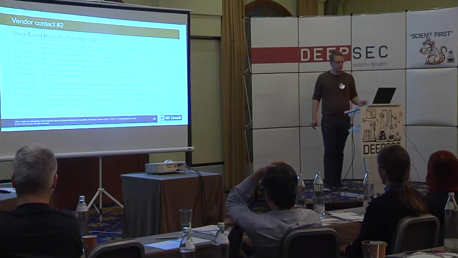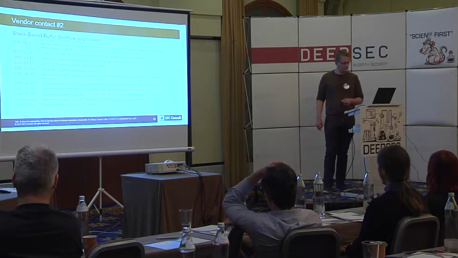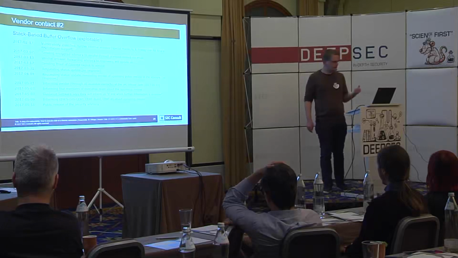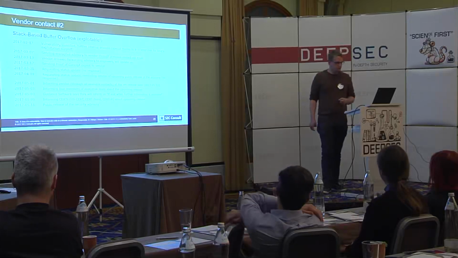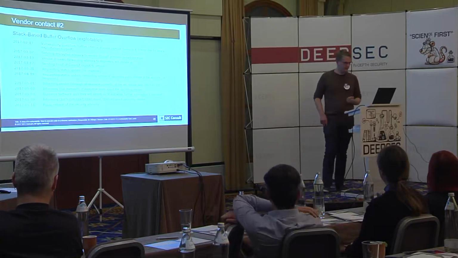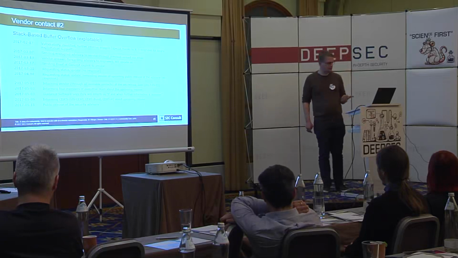So when the release date that we set was coming closer and closer, we reached out to the executive team, and the response that we got was, we will get information if and when further information is available. So apparently they didn't react to this vulnerability. So in March we released the advisory, but without proof of concept code.